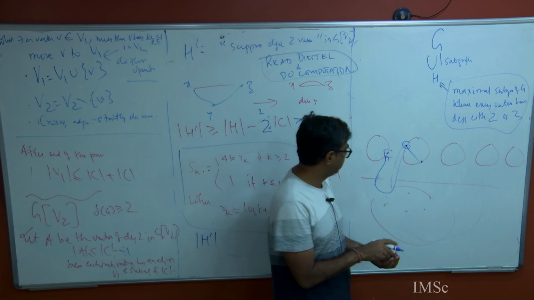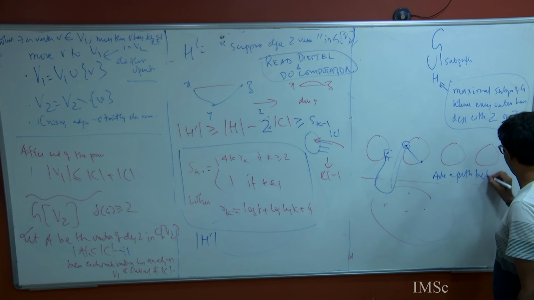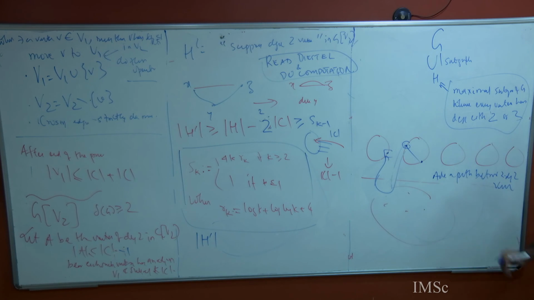So what is my procedure? Add a path between 2 degree 2 vertices in my current subgraph, where all internal vertices are outside my initial cycle.